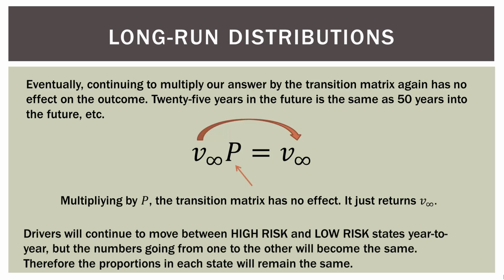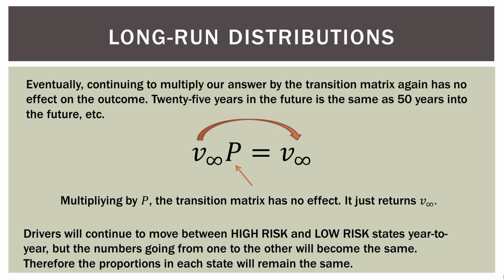So in real world terms, in this problem, drivers will continue to move between high risk and low risk states year to year. But over time, with the probabilities we have, the numbers going from high risk to low risk, or low risk to high risk, become the same.